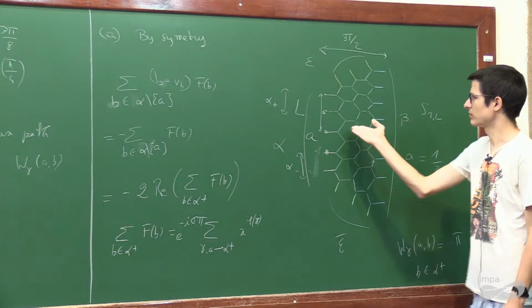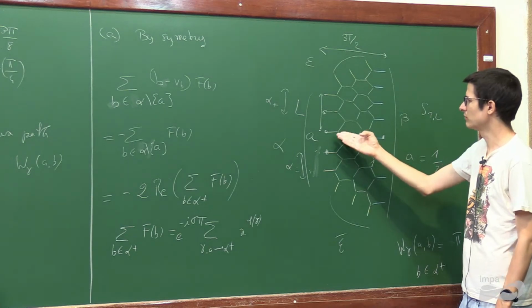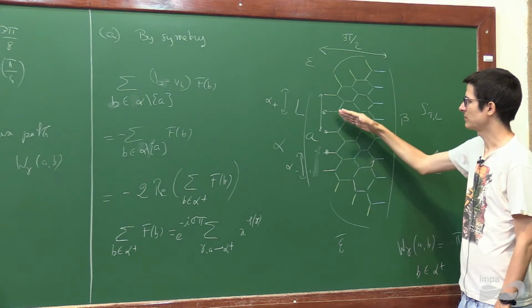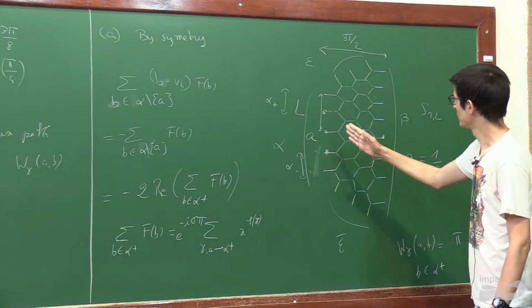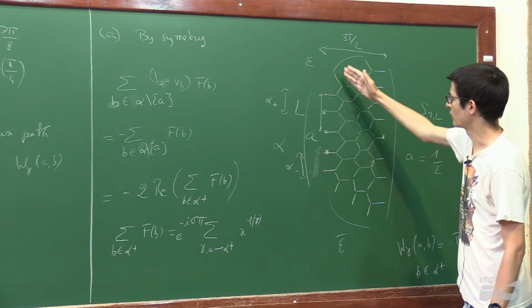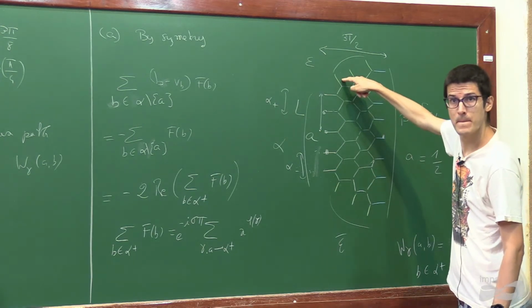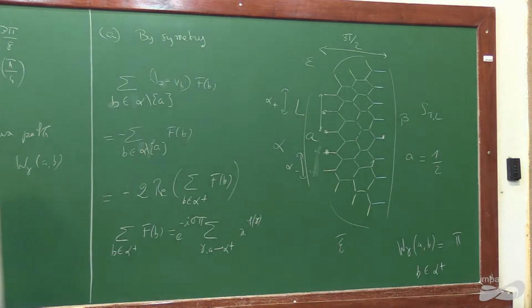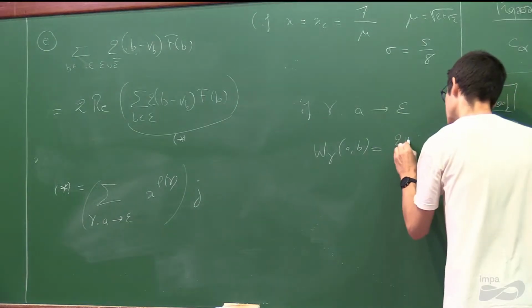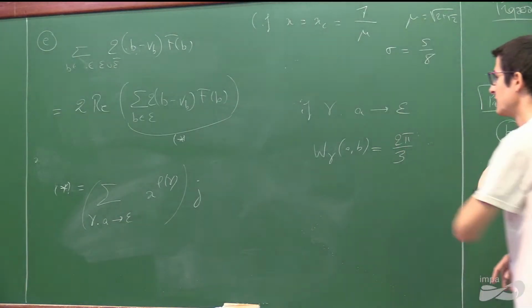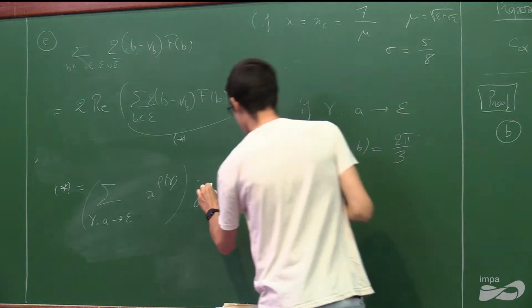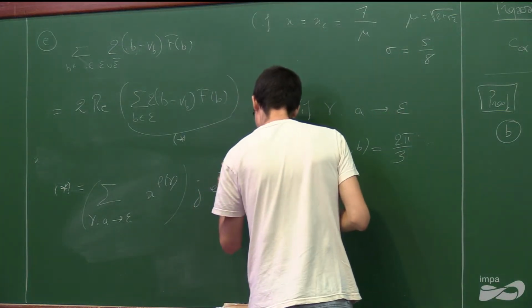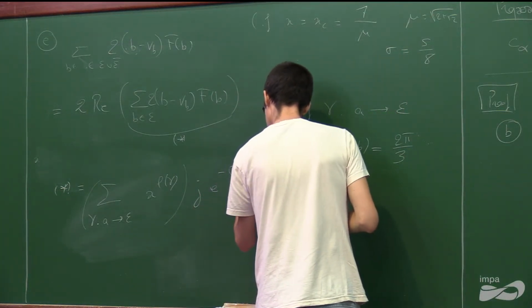Yes, because you just have to turn twice to get there. So here we get exponential of minus sigma i 2 pi over 3.